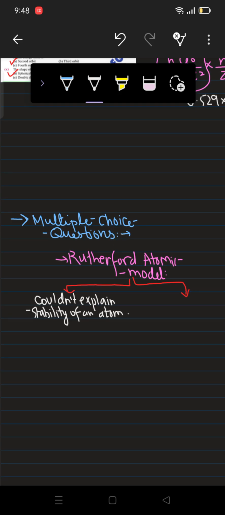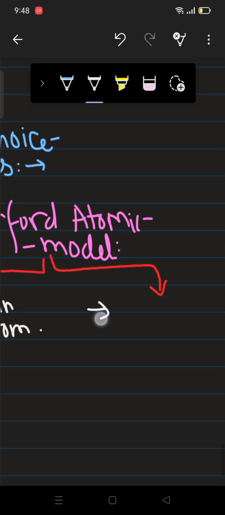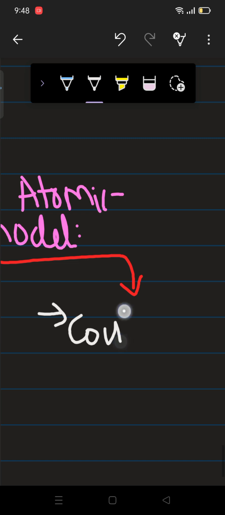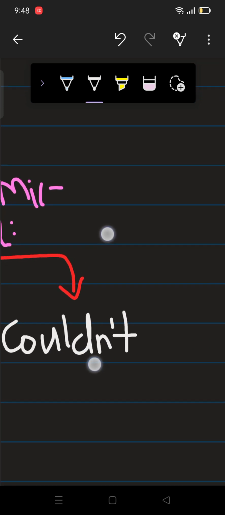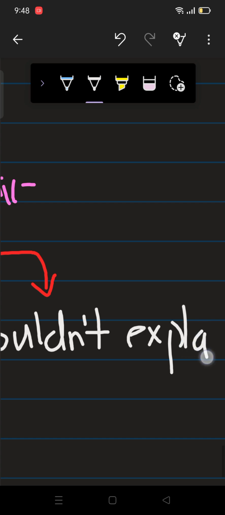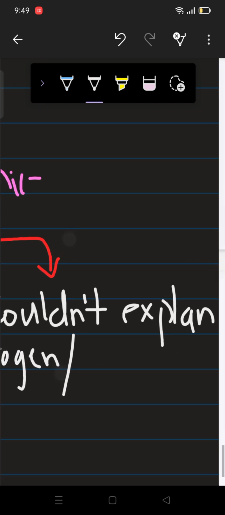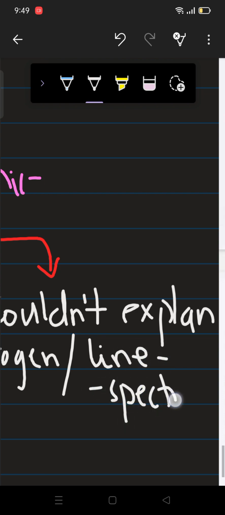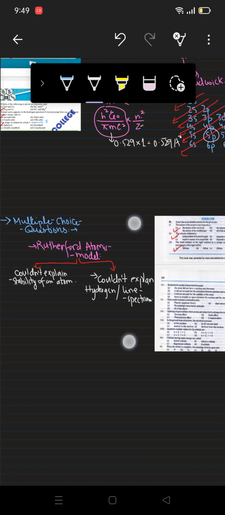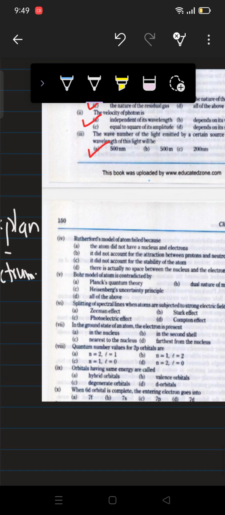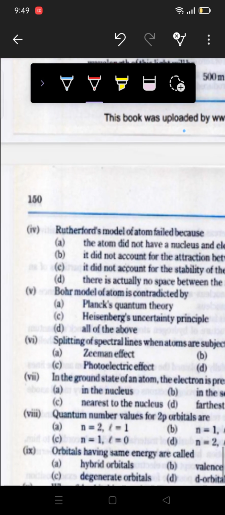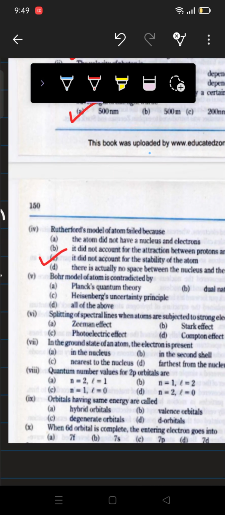Secondly, he couldn't explain the hydrogen spectrum or line spectrum. So what's the right answer? Of course, it did not account for the stability of an atom.